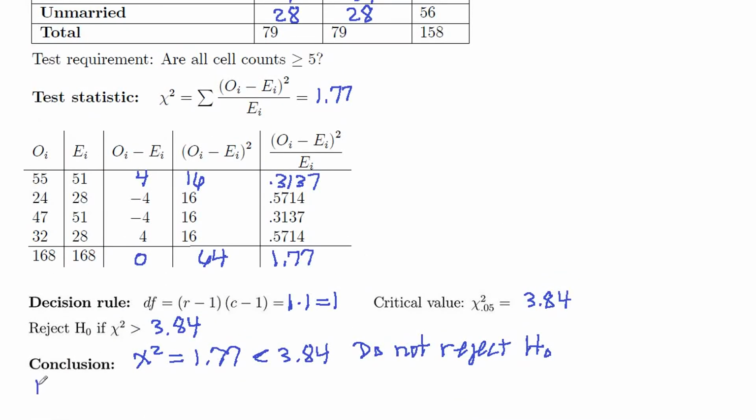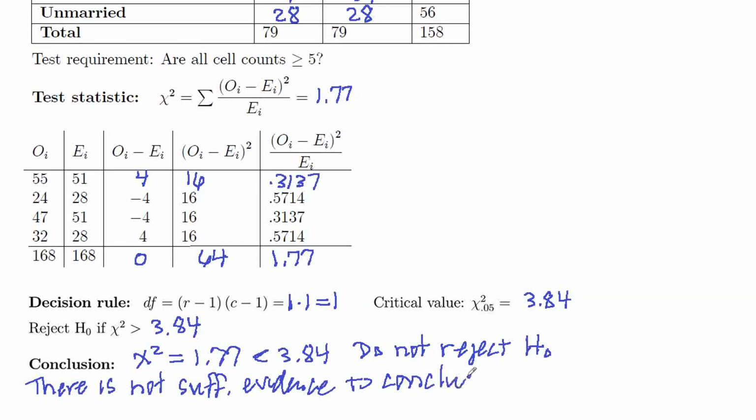So conclusion, there is not sufficient evidence to conclude marital status and happiness are dependent or related. So we would conclude the null hypothesis that they are not related.